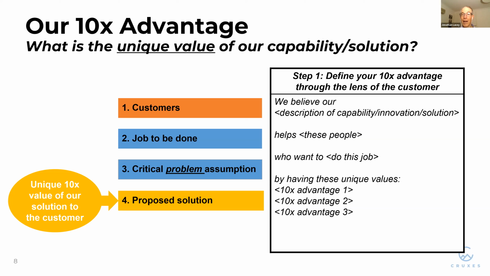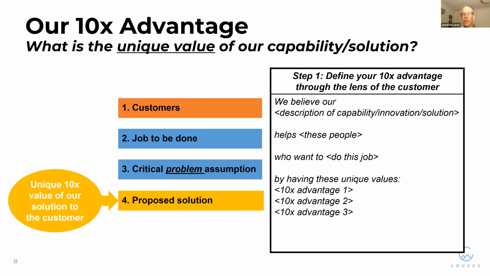We believe our capability, our innovation, our solution, our invention helps these people, our customers, who want to do this job, what they're trying to do, by having these unique values. Here are the things that are unique about our offering, our capability, our solution, in helping these people do their job, and in particular, helping them address the barriers or problems that stop them from doing this job today.